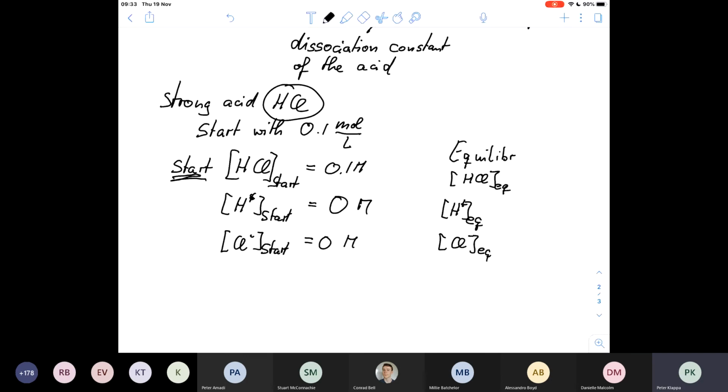Now, almost all of the HCl has been turned into protons. So at the equilibrium, you would have close to 0.1 molar proton concentration.